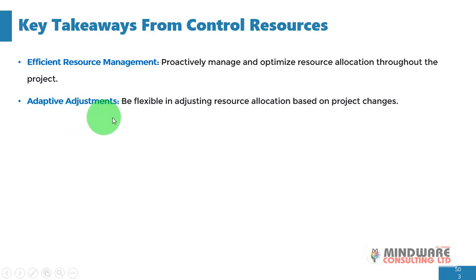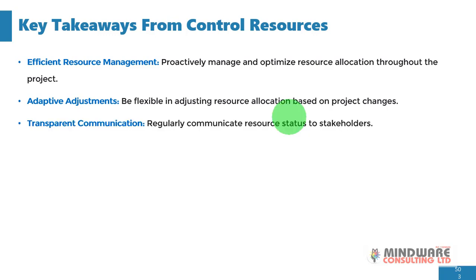Adaptive adjustments. Be flexible in adjusting resource allocation based on project changes. So this is very important, knowing that you're going to have changes within your project, so you need to be flexible and adaptive in adjusting your resource allocation. Transparent communication.